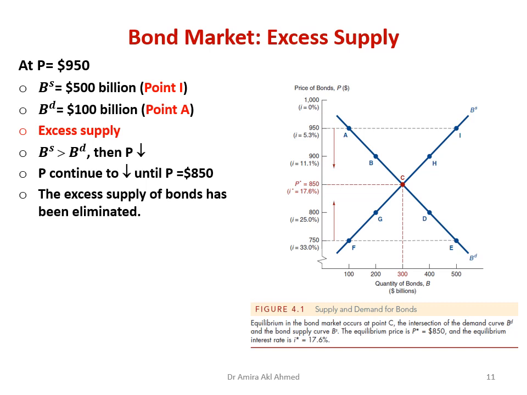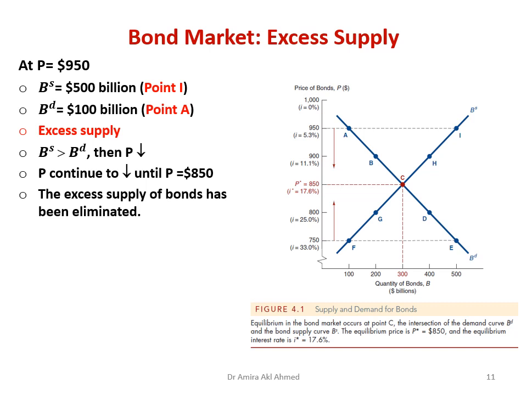Thus, the bond market experiences excess supply. At this high price, people want to sell more bonds than others want to buy. Therefore, the price of the bonds will fall. This explains why the downward arrow is drawn in figure 4.1 at the bond price of $950.